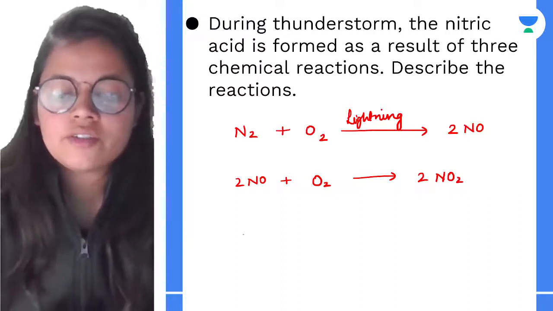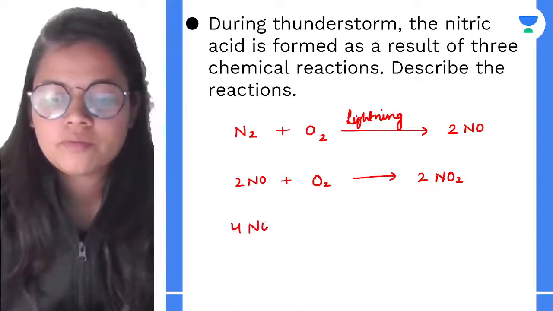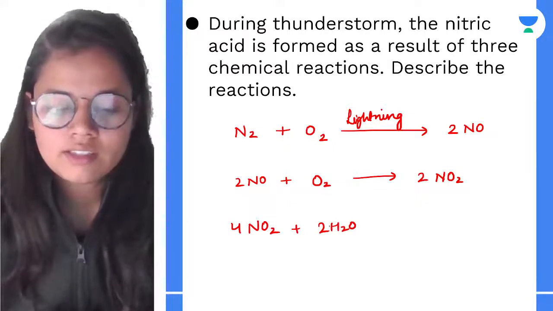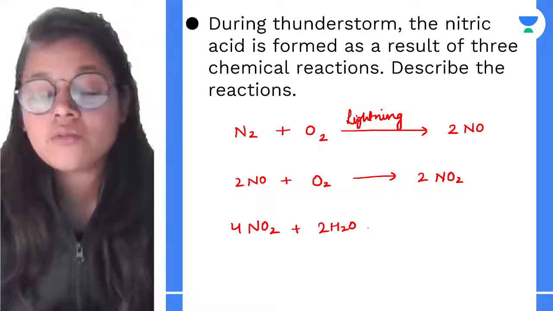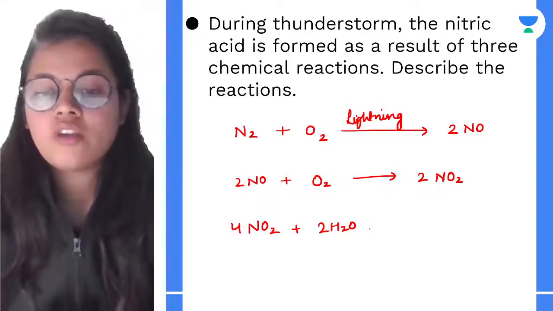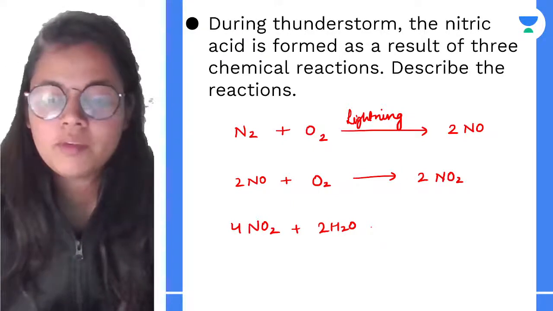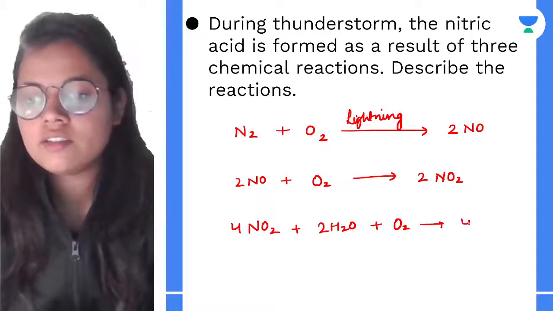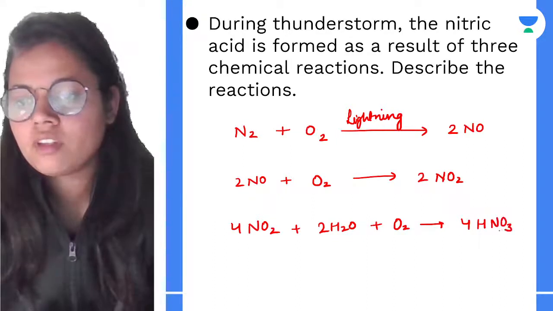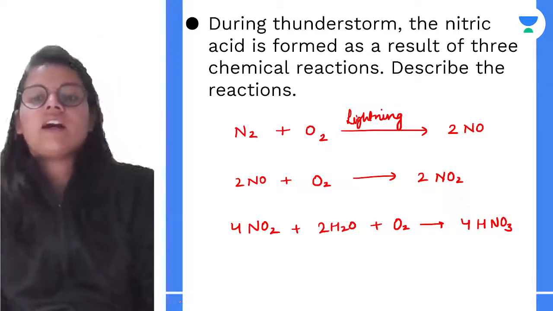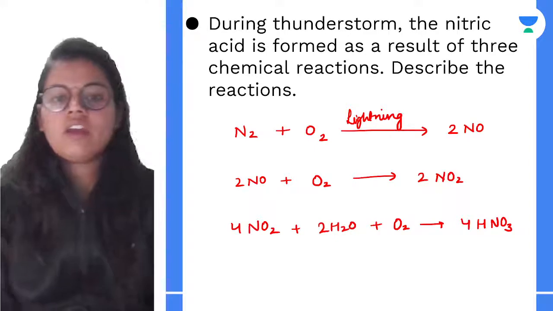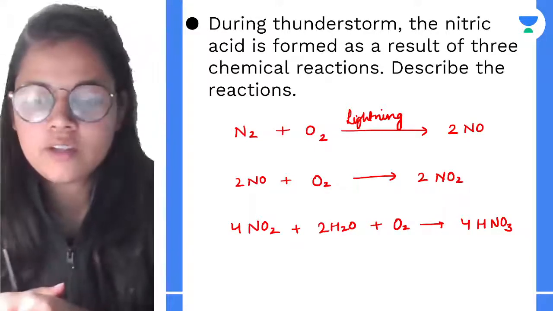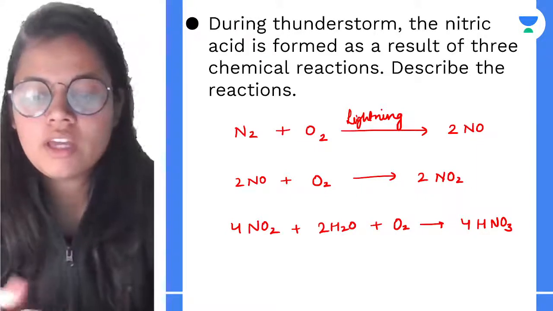And when this nitrogen dioxide combines with water, yes, correct, Srishti, when it combines with water that comes to the earth in the form of rain or any other form of precipitation, it will form nitric acid. So these are the three reactions talking about the formation of nitric acid in the atmosphere.